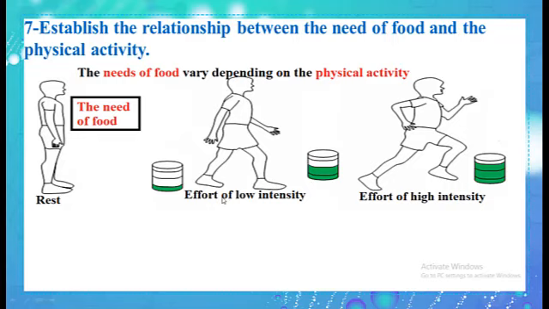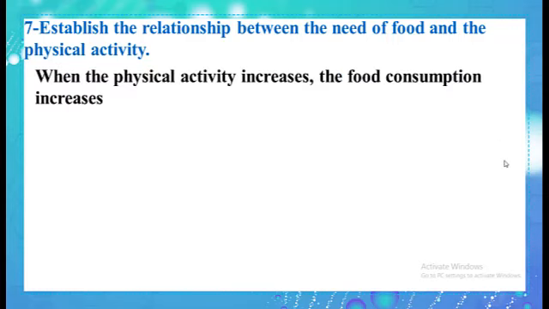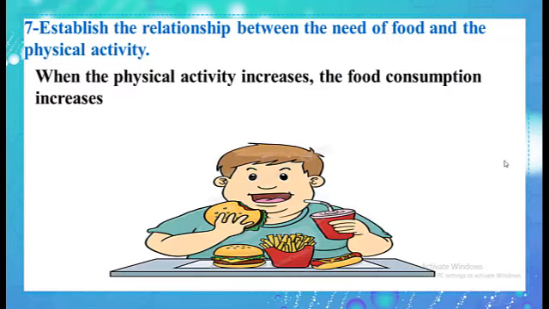Then when he made effort of low intensity, the need of food increases from very low to somehow higher. Then when he did more effort with higher intensity, it increases to be the highest. So we can give a relationship as when the physical activity increases, the food consumption also increases.